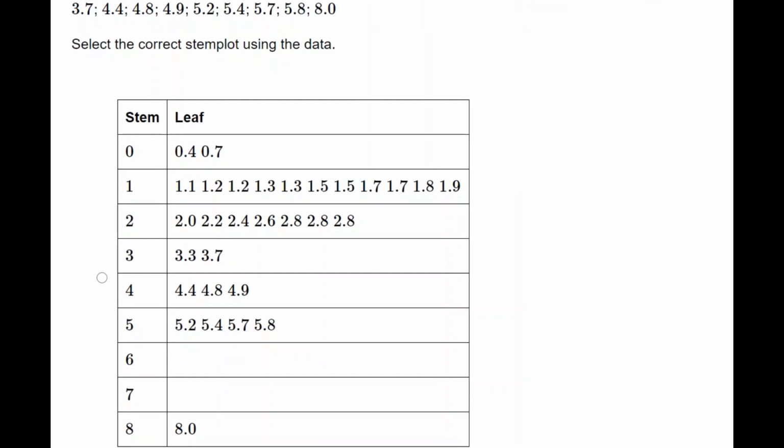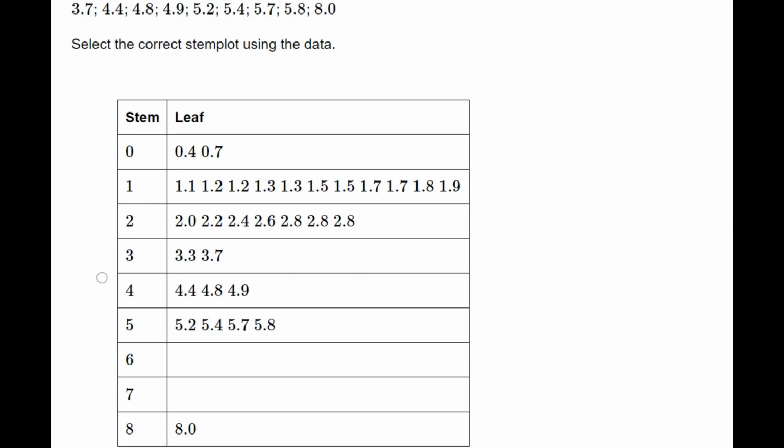And now we look at the right hand side column, which represents the leaves. And my question is, is the information about leaves entered in the right order? I'm sure your answer is no, because this leaf section must not contain the stem. So 0.4 is the full number, in which 0 is the stem and 4 is the leaf.